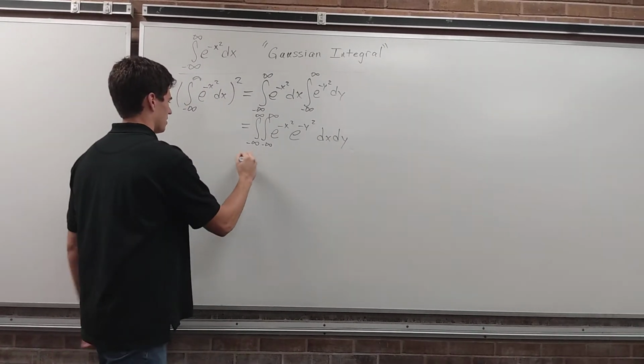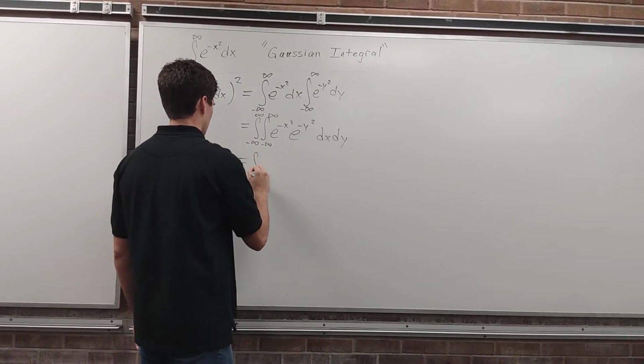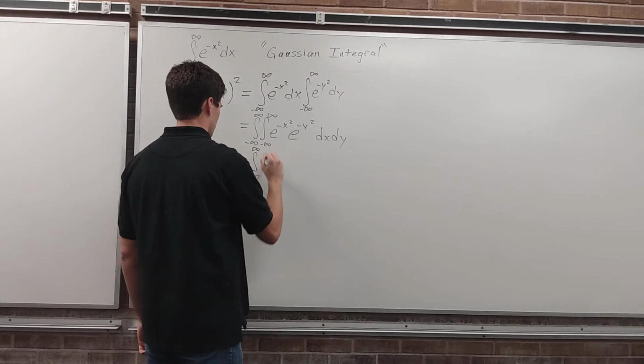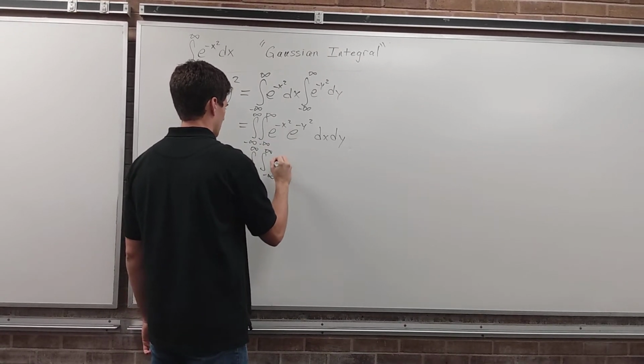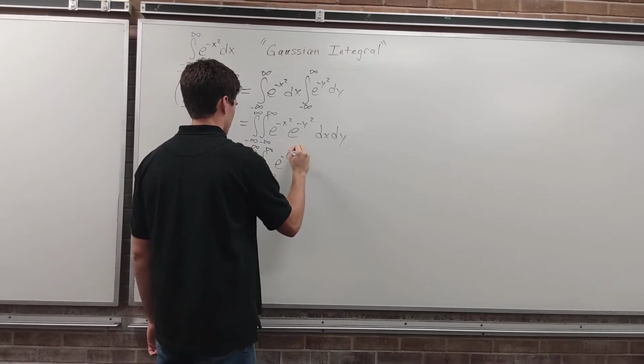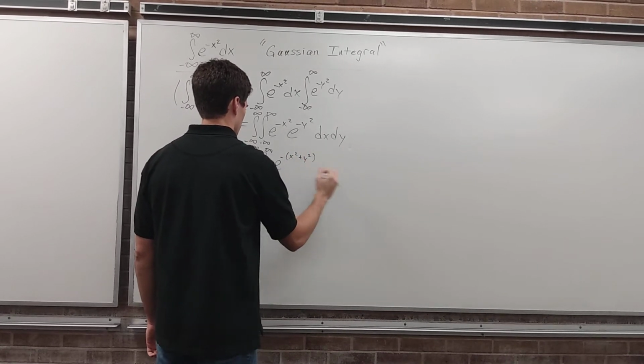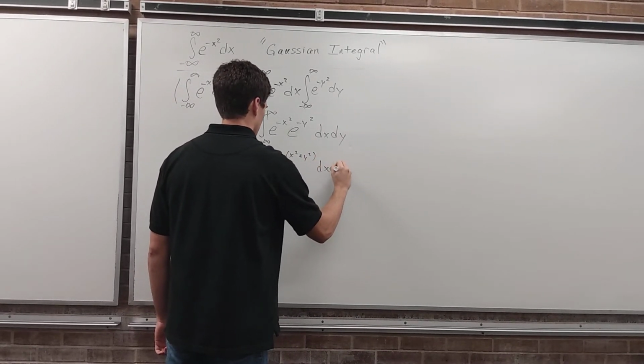And by properties of exponents, we can rewrite the integrand as e to the negative (x squared plus y squared) dx dy.